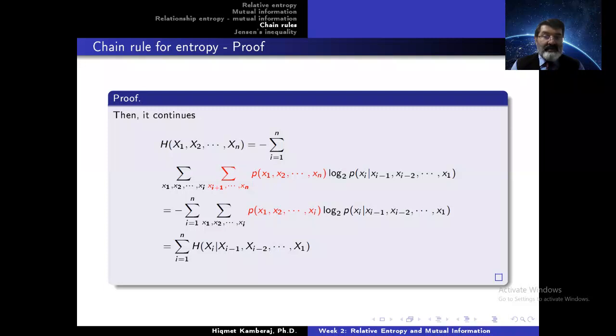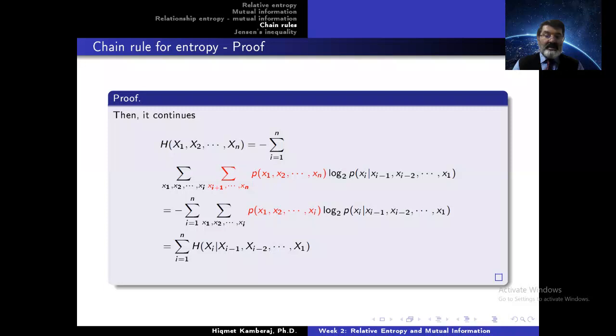So I arrive at the third line, which is a double sum, minus the sum for i from 1 to n, and the second sum now is over x1, x2, ..., xi of the marginal p of x1, x2, ..., xi. Then I have log with base 2 of the conditional probability p of xi conditioned on xi minus 1, xi minus 2, ..., x1.